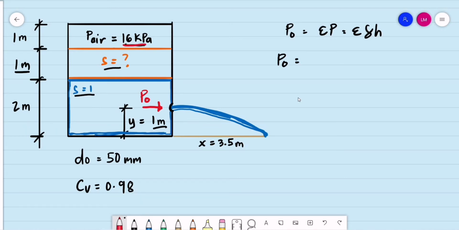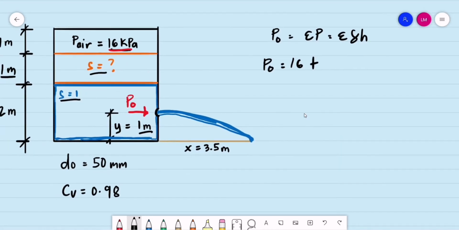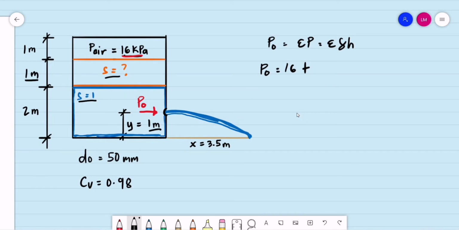Initially, meron tayong air pressure na 16 kilopascals. So that is 16 plus gamma H. Okay, unknown liquid lang naman kasi siya. Kaya ilalagay muna natin specific gravity S times gamma water 9.81 times yung height niya ay 1 meter.